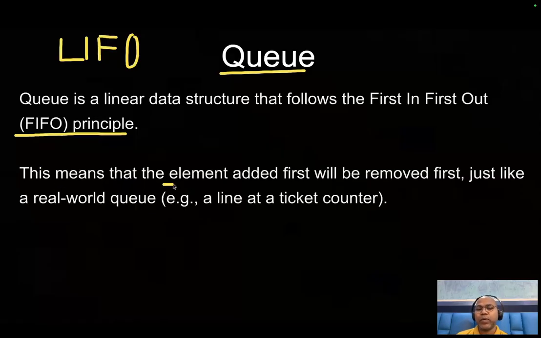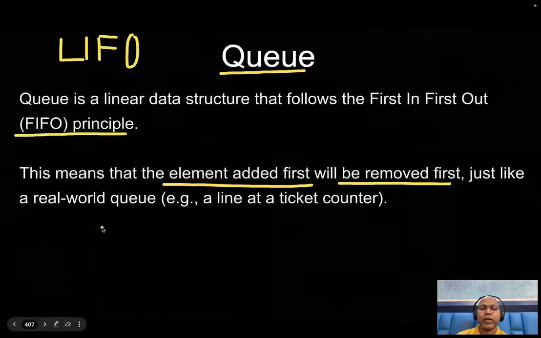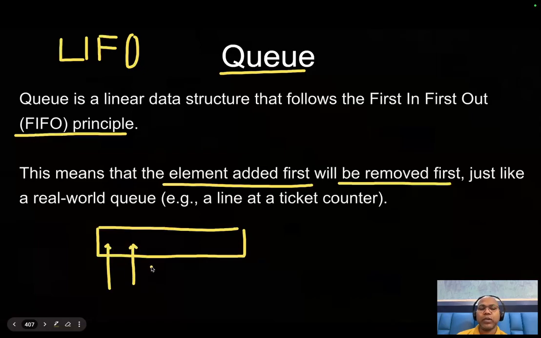That means the elements added first will be removed first. So it looks like this is the queue. Whatever element comes first here, then the next element comes here, then the next. When I access and receive, we get this first one, then the next, then the next. So first come, first out, you can say first in, first out.